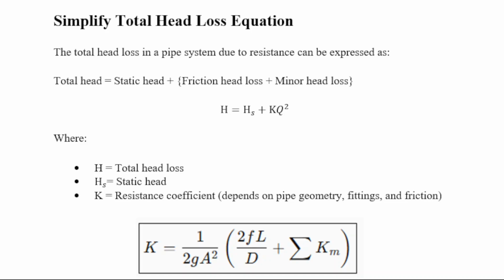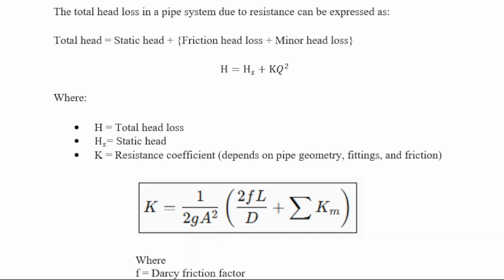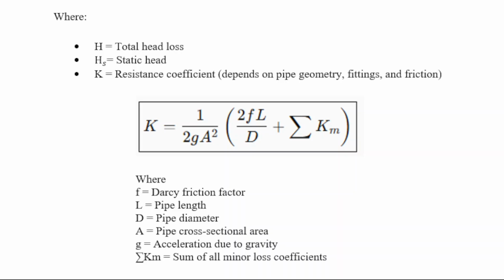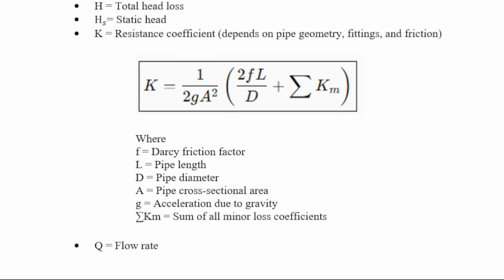H is the total head loss required by the system. H_S is the static head, which is the elevation difference between the suction and discharge liquid levels. K is the resistance coefficient. This coefficient represents the overall resistance offered by the piping system and depends on the pipe geometry, pipe fittings, and friction. Q represents the flow rate.